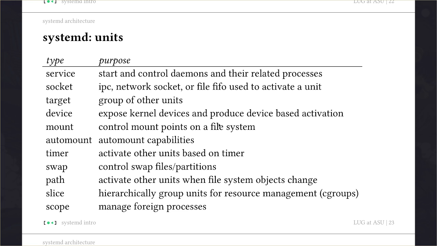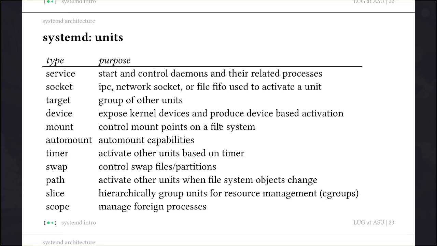There's sockets. Sockets use one of these protocols, IPC, network sockets, or a file FIFO, to activate some other unit, right? A popular one you might be familiar with is that Docker has a socket, so you can activate the Docker service by communicating with the Docker socket. There are also targets.